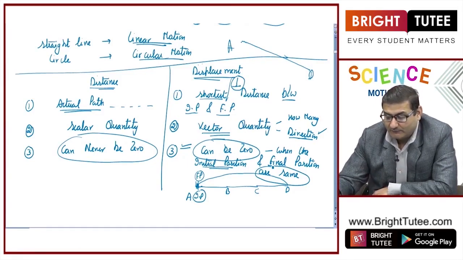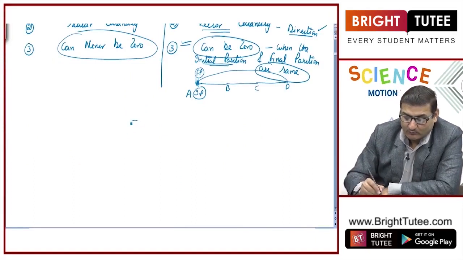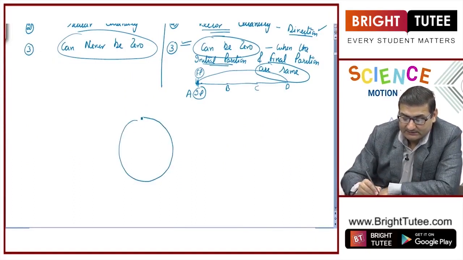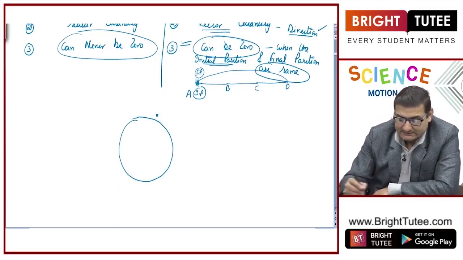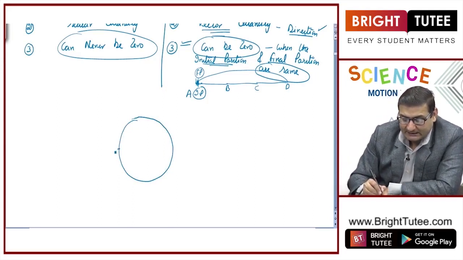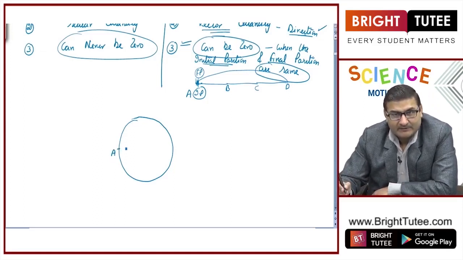Now, we may also relate this in another example. Let us take, I go for a morning walk in a circular park. This is a park which is circular in shape. Let us take an example that I entered the park from this entry gate A. Fine.